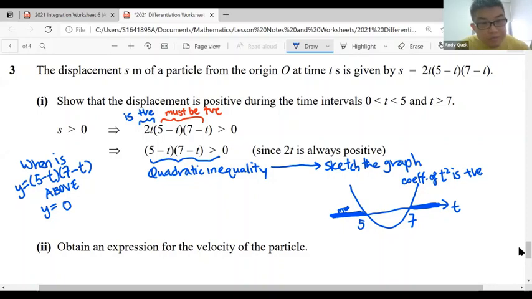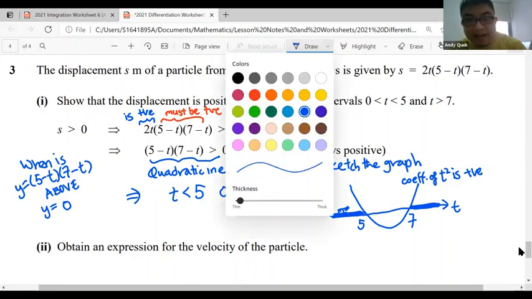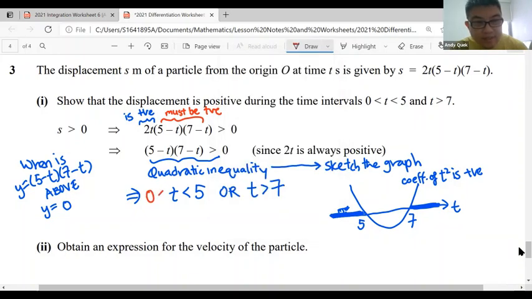Okay, so the periods of time when you look up at the quadratic curve is when t is less than 5 or when t is greater than 7. Okay, but because t here represents time, you need to also indicate that it does not make sense for t to be negative. So there is another restriction to specify t must be greater than 0.